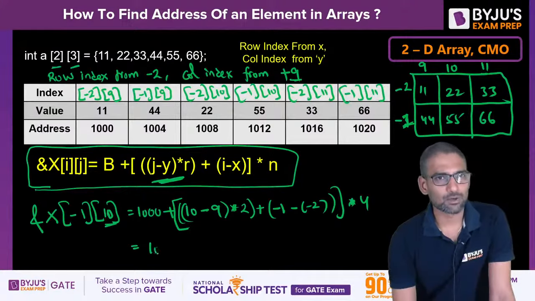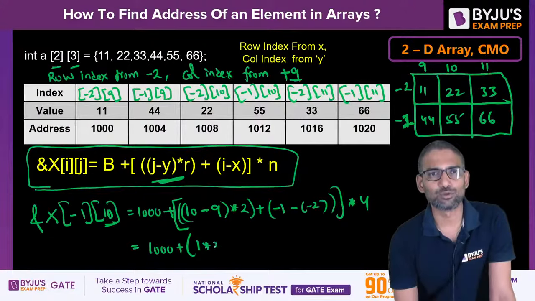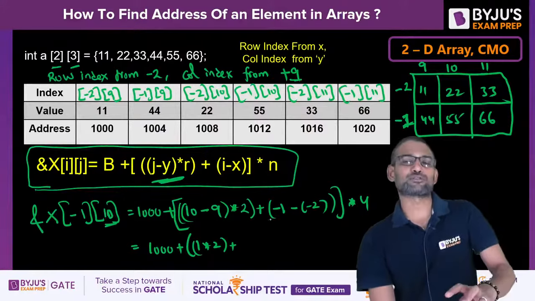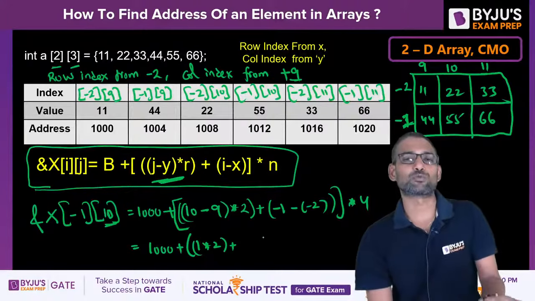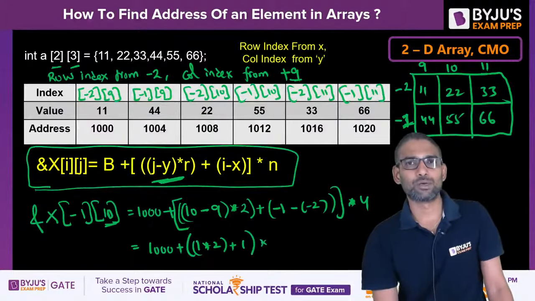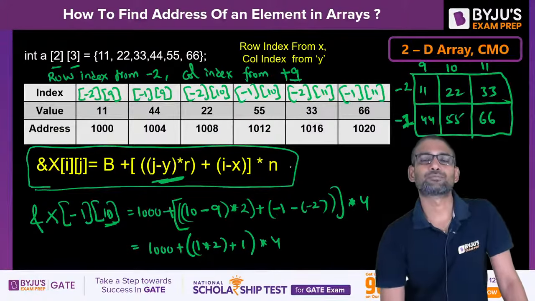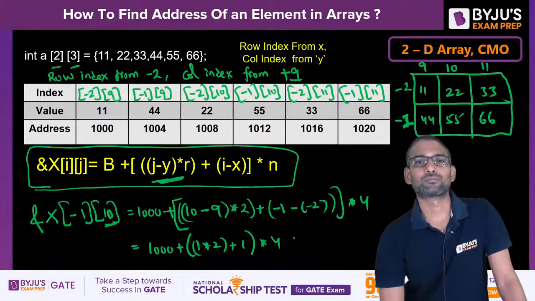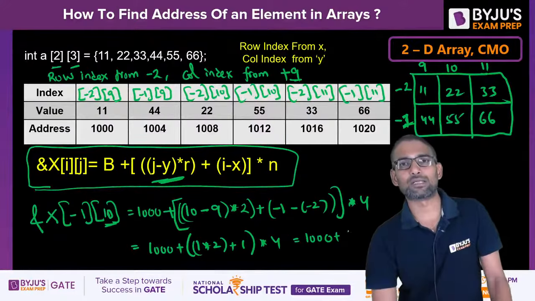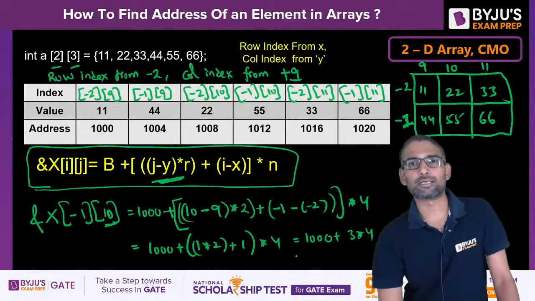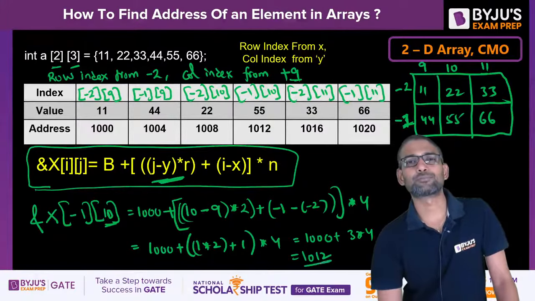So this is 1000 plus 10 minus 9 is 1, 1 into 2 plus -1 minus of -2, that is -1 plus 2, that is 1, whole into 4. So this is 1000 plus 2 into 1, 2 plus 1, 3 into 4, that is 1012.